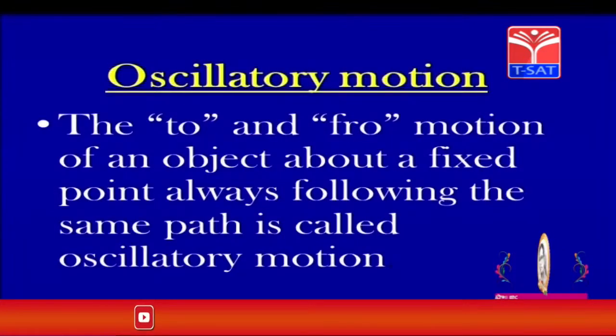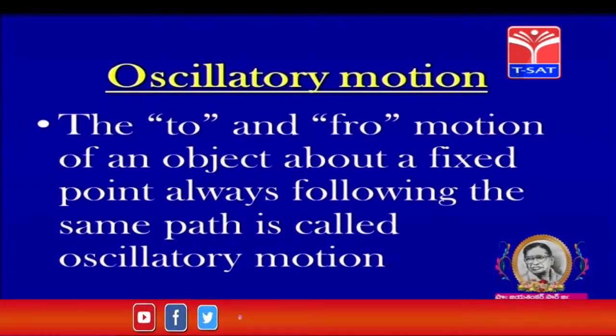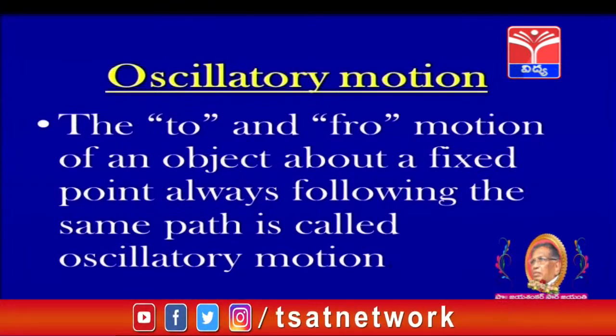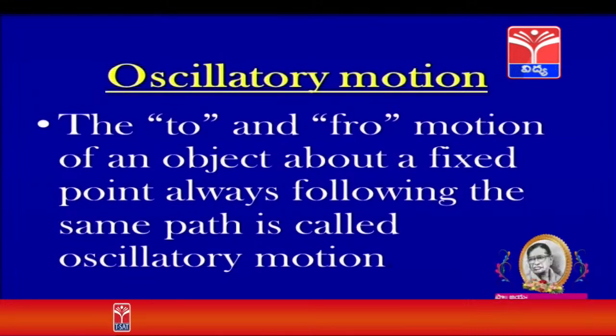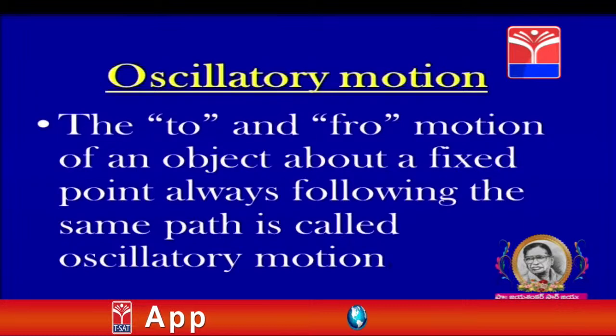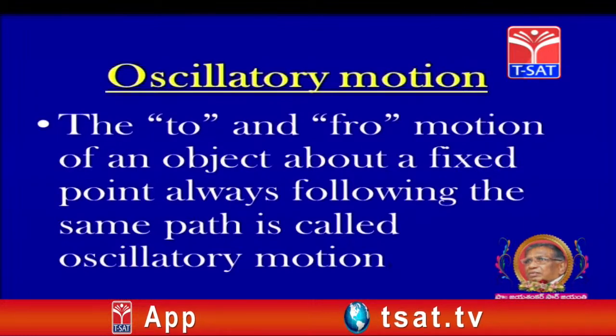Next, we study about the oscillatory motion. What is an oscillatory motion? When do you call a motion as an oscillatory? The to and fro motion of an object about a fixed point always following the same path is called oscillatory motion. You might have seen a pendulum clock.